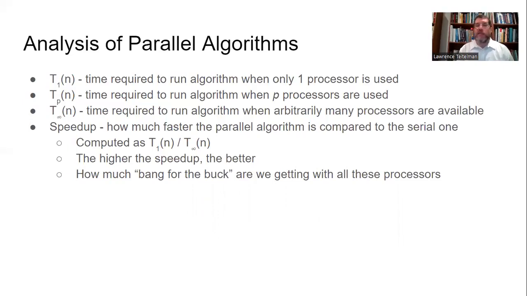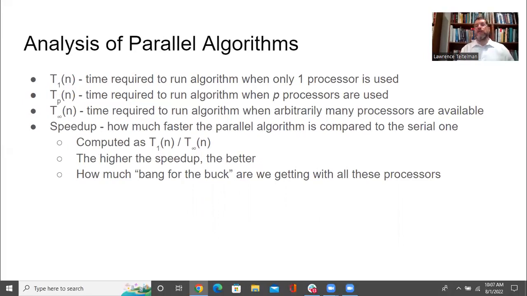In the past, we often spoke about T of n. Many times in our class, we spoke about T of n. Can someone tell me in the chat or out loud, what does T of n stand for?